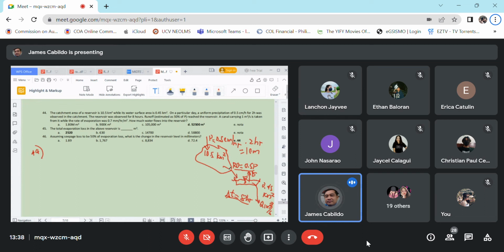So, it's this RO. So yung RO natin is equivalent to 0.5 P, 50% of P. Pero ang P natin ay, di ba, 0.5 cm per hour times 2 hours. Okay? So, that is equivalent to 1 cm. Ngayon, i-convert natin ito into meters.